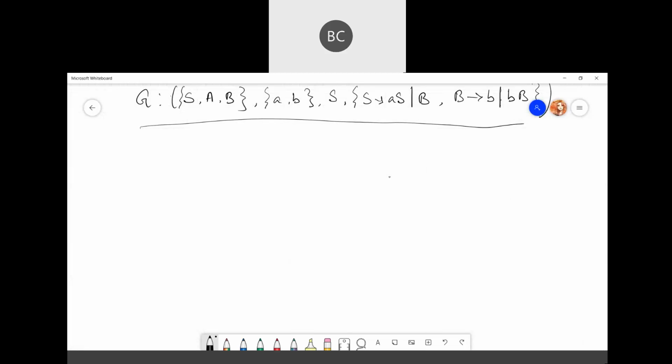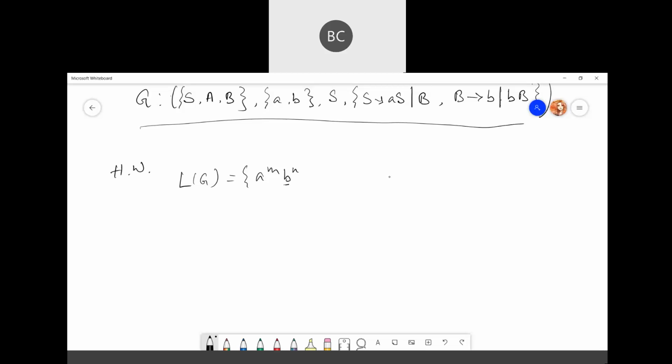You can try another one. I have done one, and I'm just giving a similar one. You can try to find the grammar. For example, the language is given as a power m, b power n. Just the condition is different. It's not important that the number of a and number of b will be the same, but b will always be after a only.